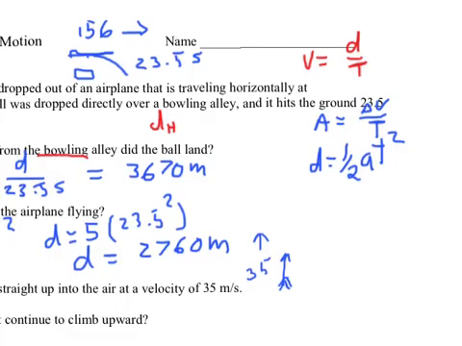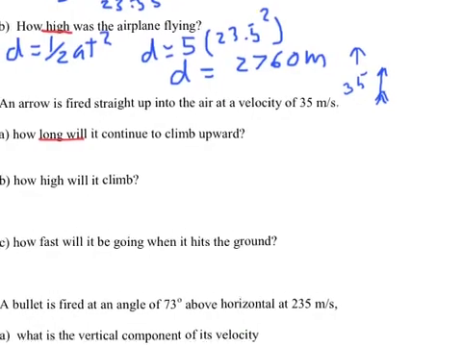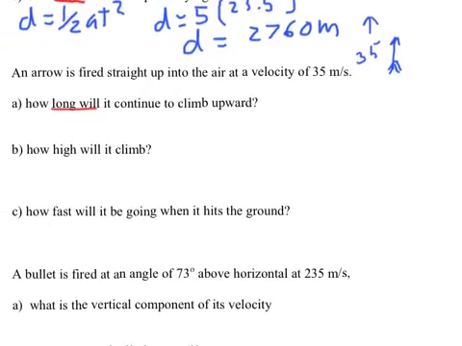The whole trick to this, people, is to figure out, is it accelerated motion or not? And for our ballistics problem, the vertical component is accelerated. So, therefore, I have to use this equation. Acceleration equals the change in velocity over time. Now, I know the acceleration is 10 meters per second, and I know the starting vertical velocity was 35 meters per second.